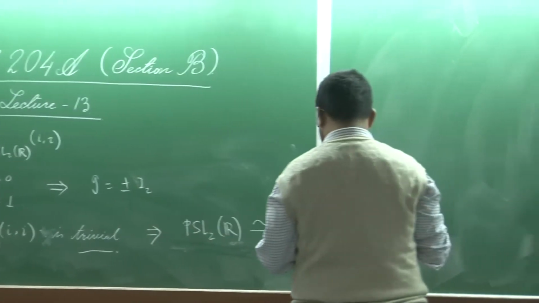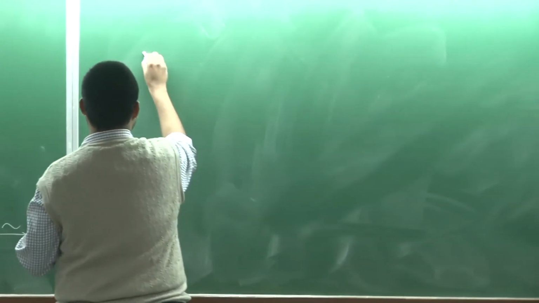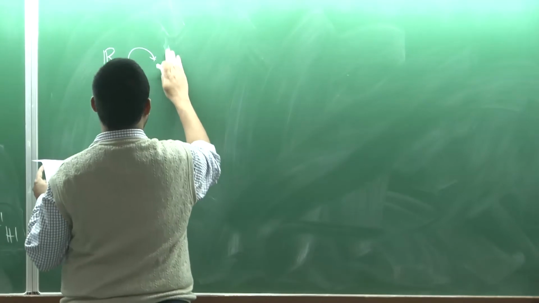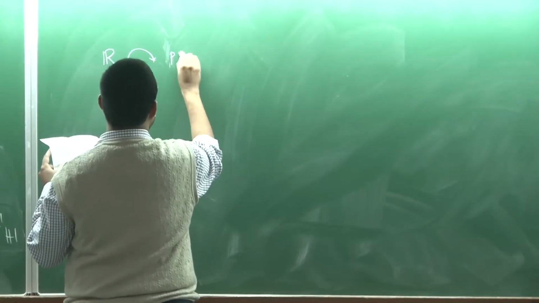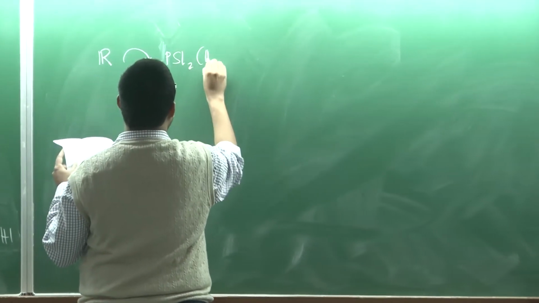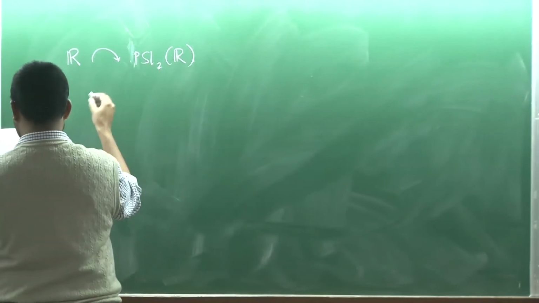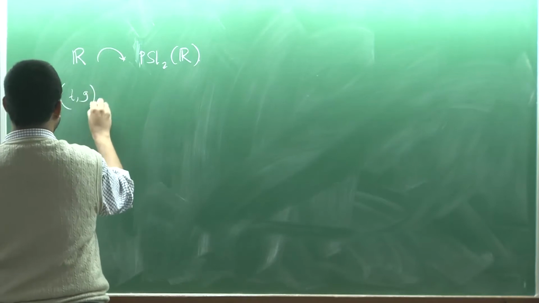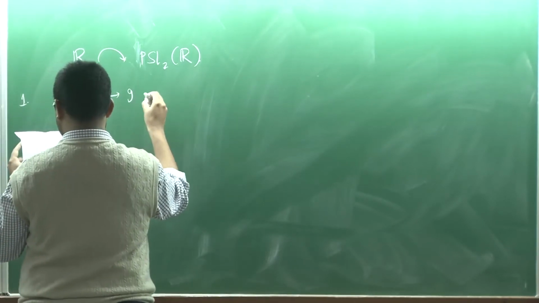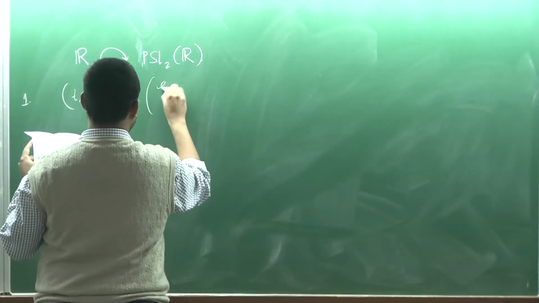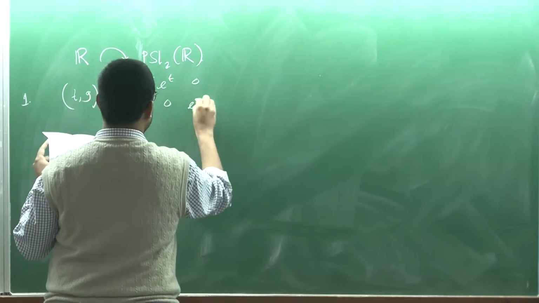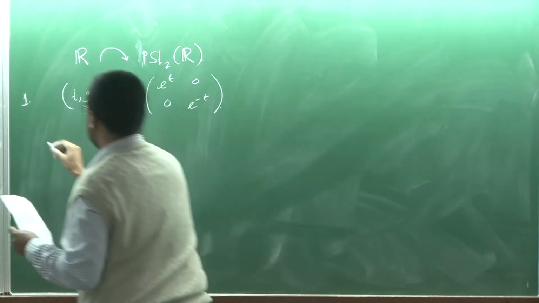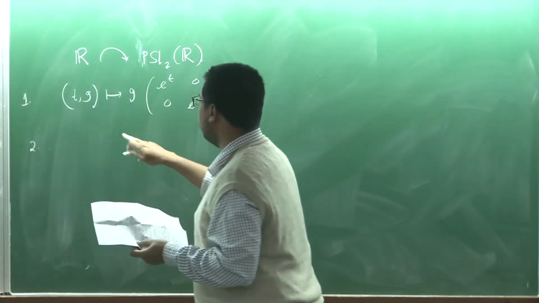So let me put it in this way: here the acting group is R. We have a natural action, we can let R act on PSL2R in this way. I am talking about 3 different actions. (t, g) goes to g multiplied by the matrix with e^t and e^(-t) on the diagonal.